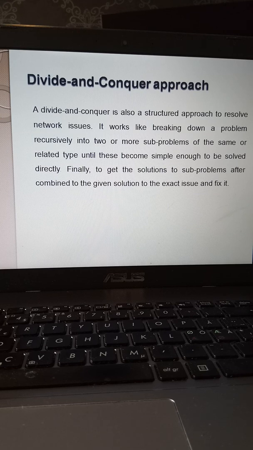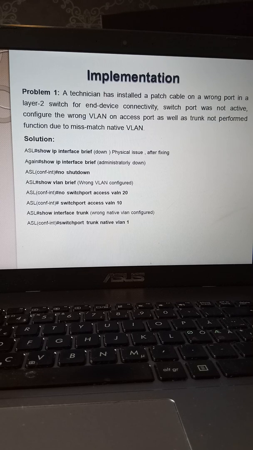In the divide and conquer approach, we divide the problem into two or more sub-problems of the same problem related to the network. Finally, we get the solution to the sub-problems and combine them into the solution to the exact issue and fix it.